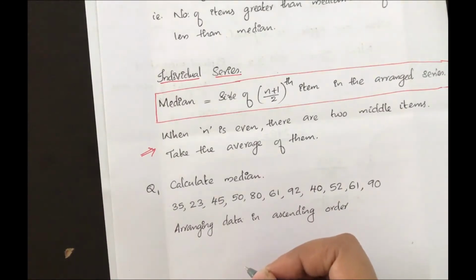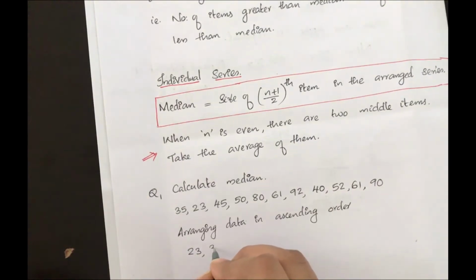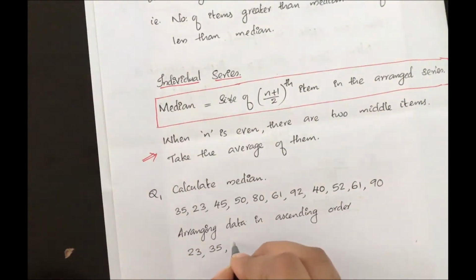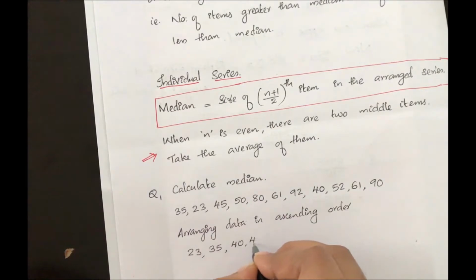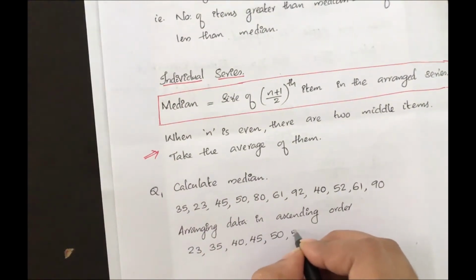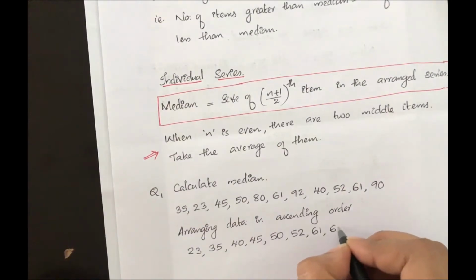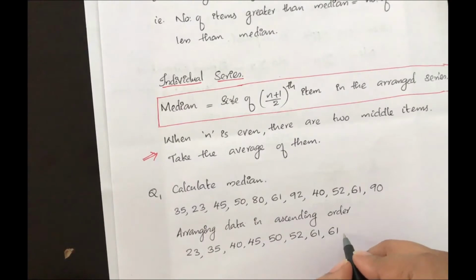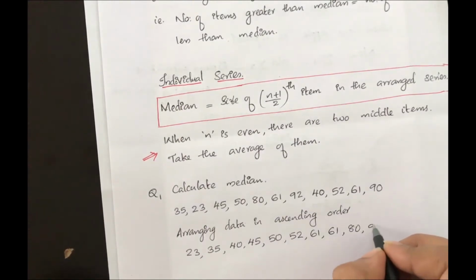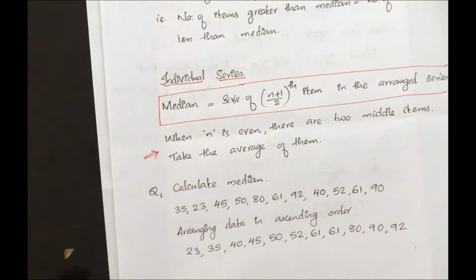So, 23, 35, 40, 45, 50, 52, 61, once again there is a 61, 80, 90 and 92. This is the arranged data.